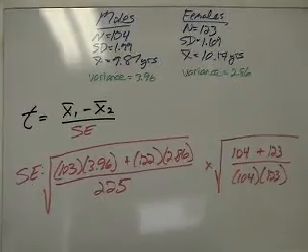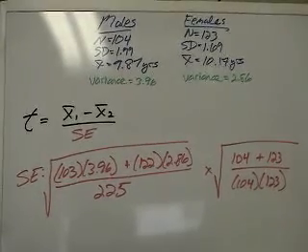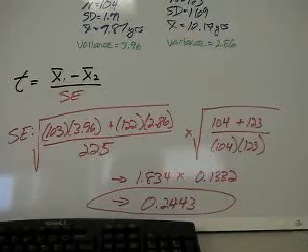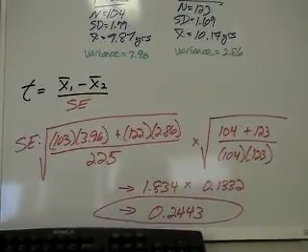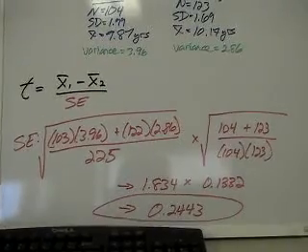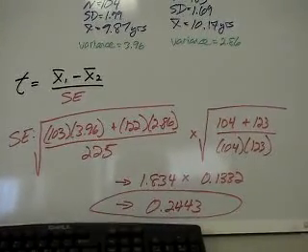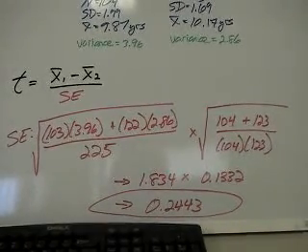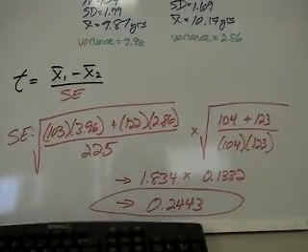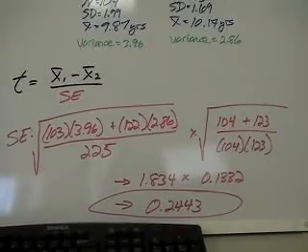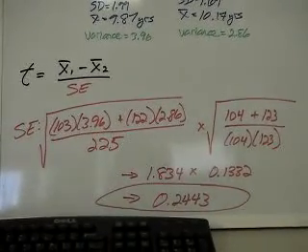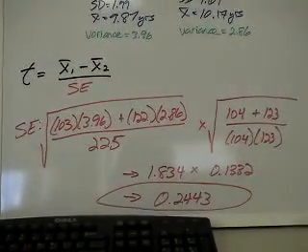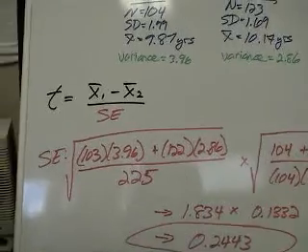You'll multiply those two together and you'll get your standard error. If you go through that calculation, on the left-hand side you get 1.834, and on the right side you get 0.1332. Then you just multiply those two together, and you'll get your standard error of 0.2443. Now remember, we need to take that standard error and plug it into the t-test.